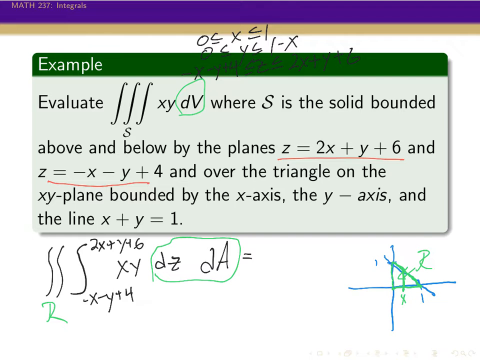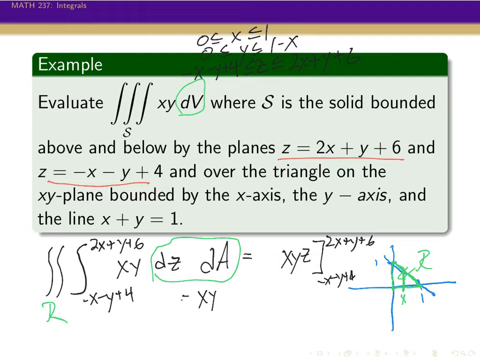It's xy integrating in terms of z. There are no z's there, so we treat xy like a constant. And so we have xyz going between these two planes, minus x minus y plus 4 and 2x plus y plus 6. Plug these in. This one I can't do in my head.